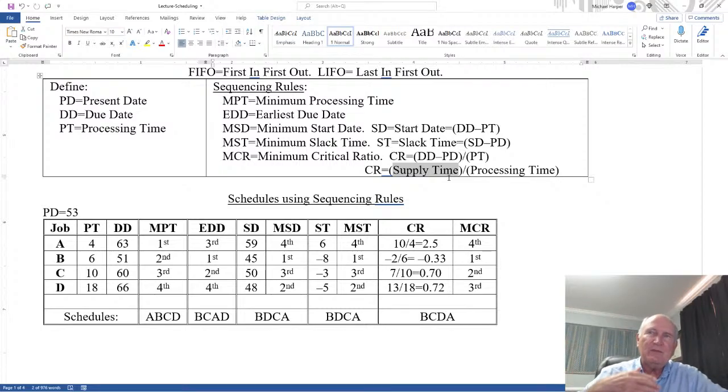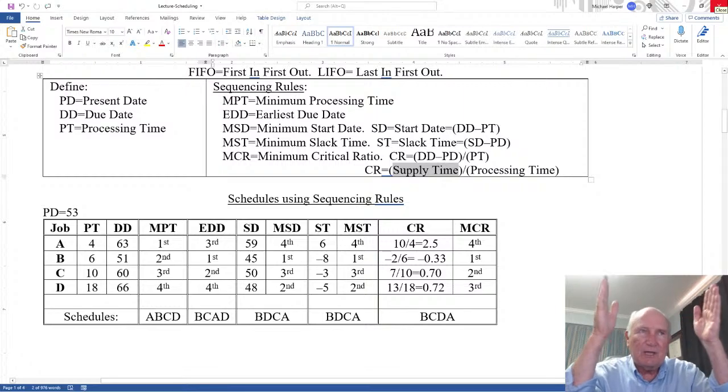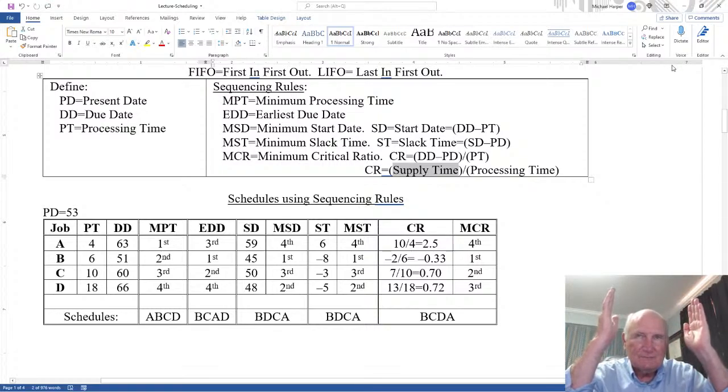You divide that by the processing time, how long it takes to do the job. The supply time divided by the processing time is called the critical ratio. If the supply time and processing time are the same and the ratio is 1, that means if you start on the present date, you'll be done right on the due date.